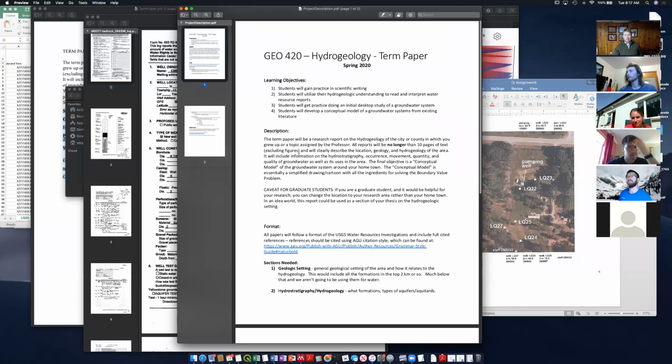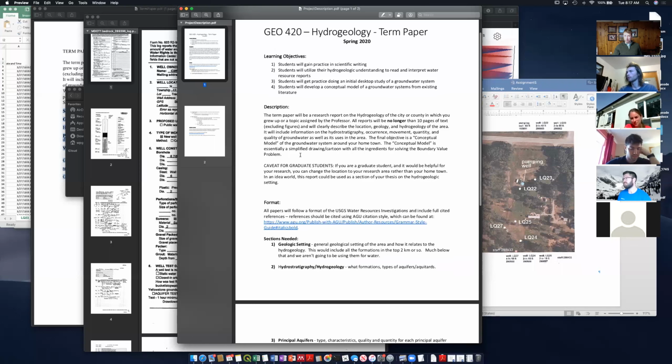Yeah, I was going to ask, can we use our own data? Yes. If you're doing research in the area, you can use your own data. Cool. Now, if that data came from another source, you need to cite that source.